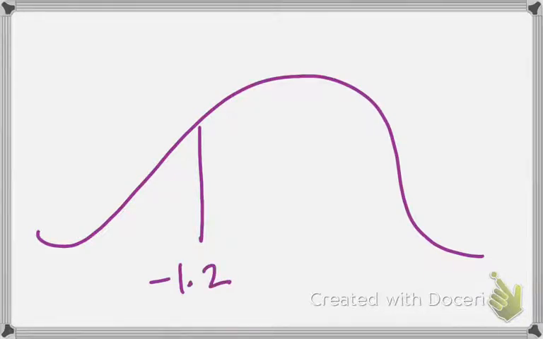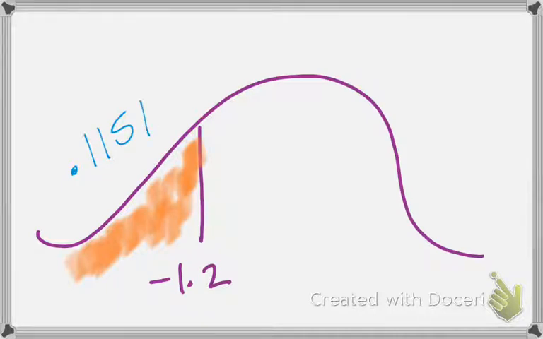What we just found out from the table is how much area is right here to the left of negative 1.2. And again, that value was 0.1151. So that tells us how much was here to the left. The table always tells you what's to the left.